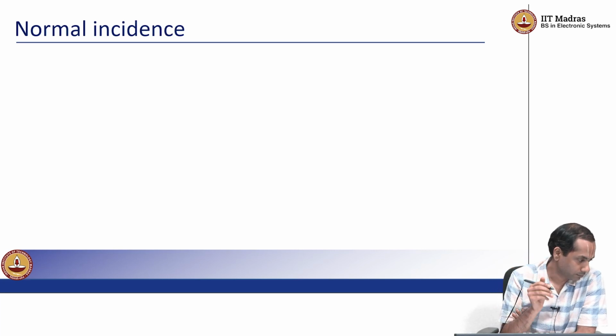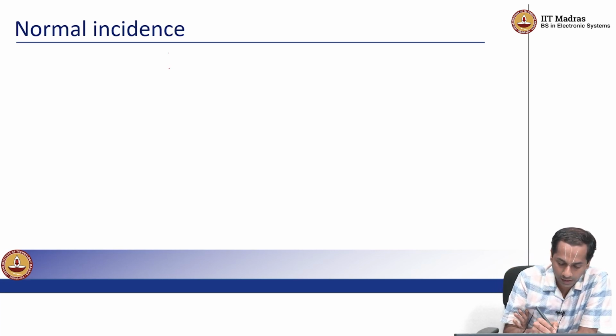Okay. So let us consider a dielectric boundary between two media and normal incidence of plane waves, and this time I am going to use the wave amplitude definitions, right?